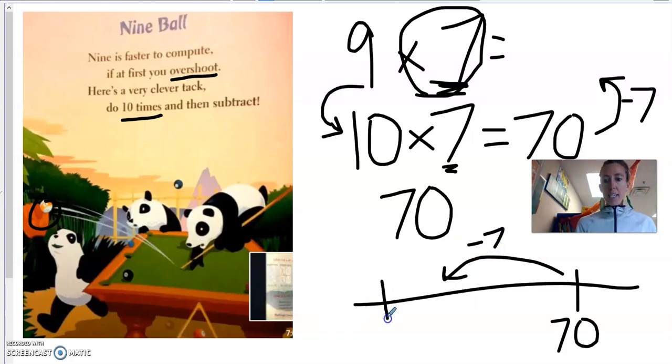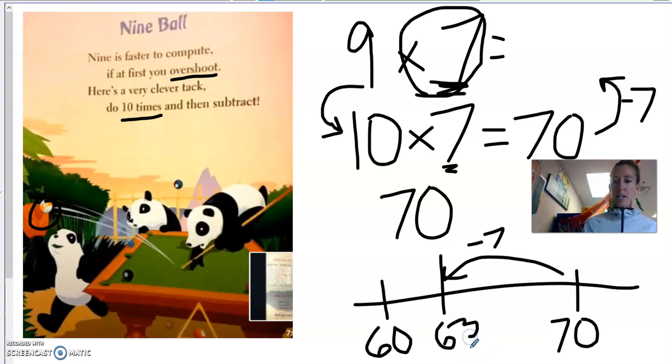So if I go back 10, I'm at the lovely tens number of 60, but I don't want to go back 10, I only want to go back 7. So think about that, 7 and how many more is 10? So I'll be at 63. That's why our tens facts are good to know. 3 and 7 is 10. So my answer here would be 63.